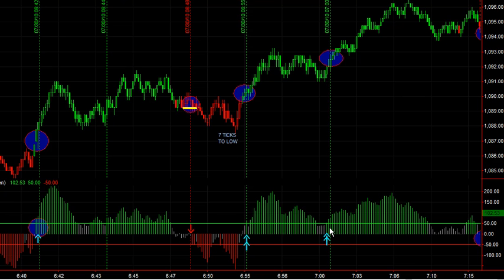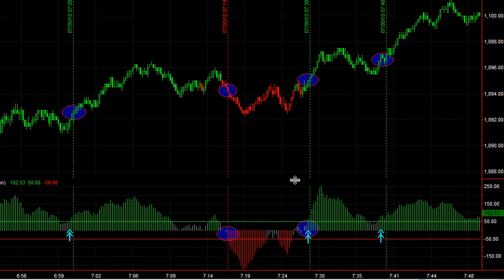This is a continuation long right from that signal right there. Opposite direction, again, this is about 1.75, 2 points short, and then another 2 points long.